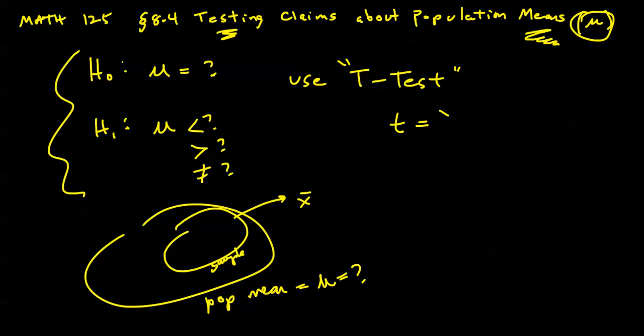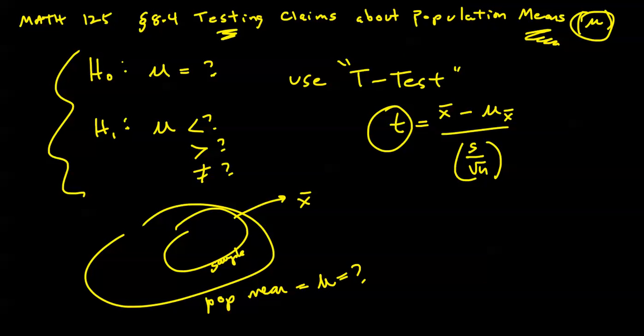Now the formula for t-score looks much like the formula for z-score. And this formula should look somewhat familiar to you. Basically, we will reject the null claim if our t-value is extreme, either extreme high or extreme low.